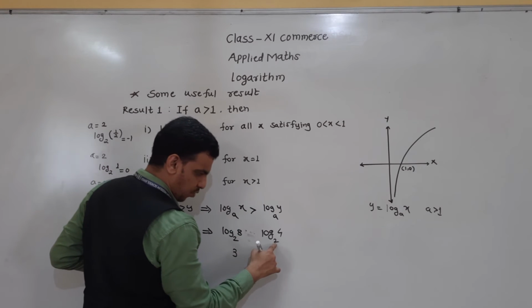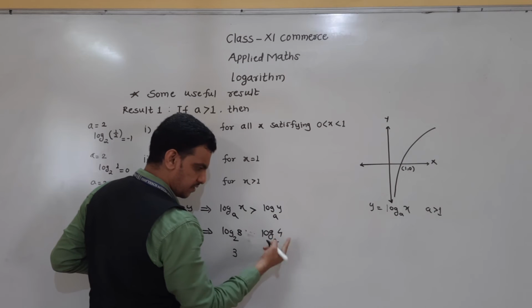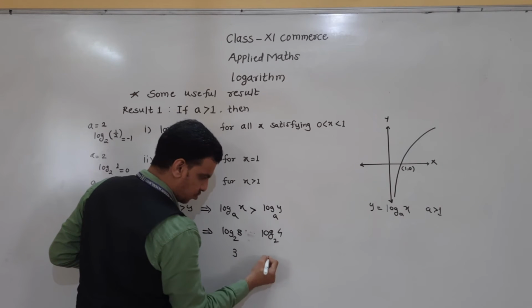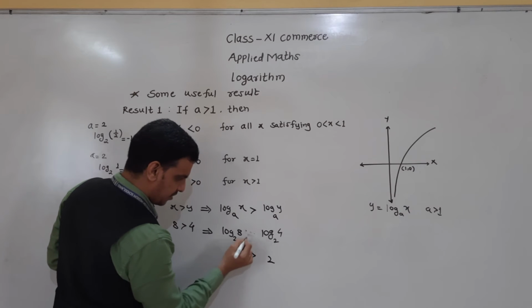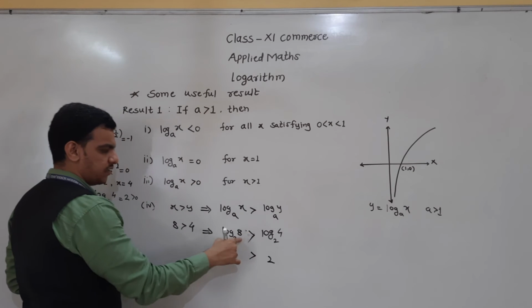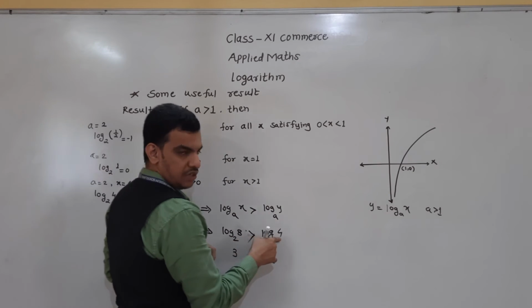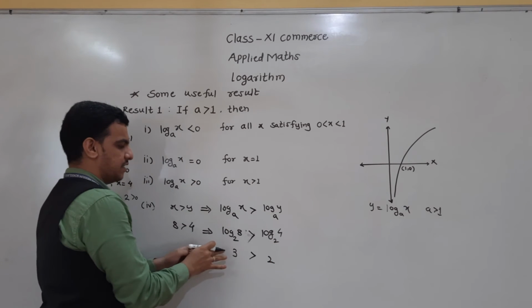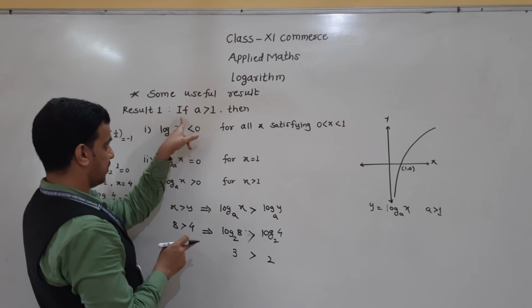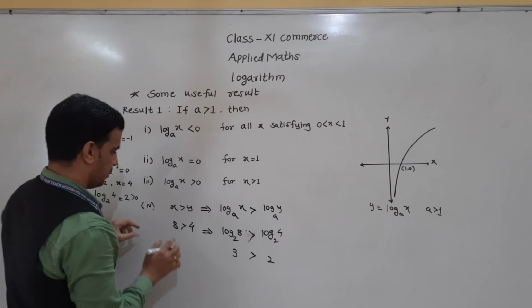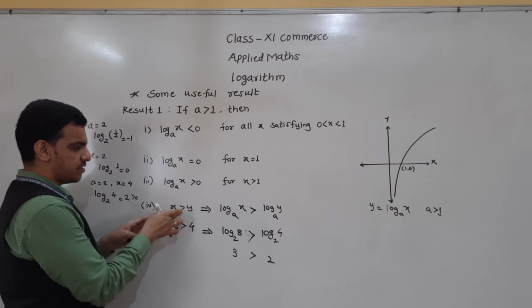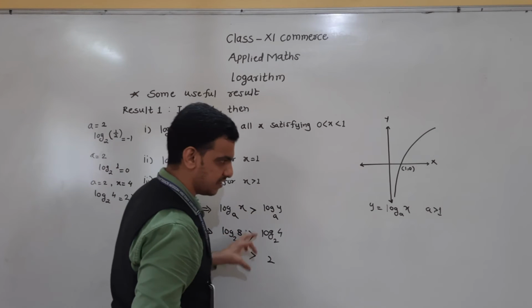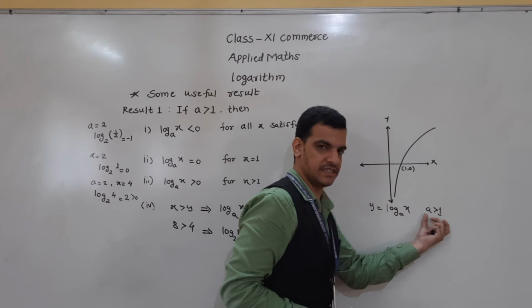When we raise the power of 2 by 2, we get 4, so the answer is 2. So 3 is greater than 2, therefore log 8 to the base 2 is greater than log 4 to the base 2. So when a is greater than 1, if x is greater than y, then log x is greater than log y to the base a. So this is an increasing function when a is greater than 1.